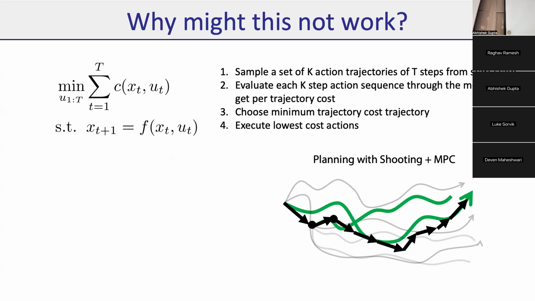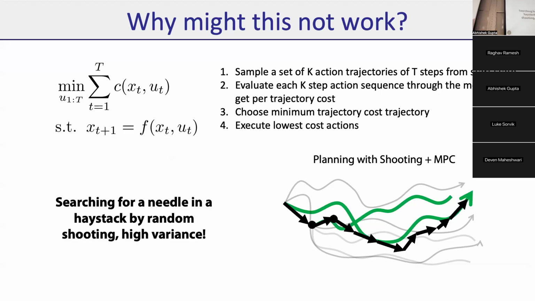And in some ways, what MPPI is doing is changing the sampling distribution through importance sampling. So the connection between them is importance sampling. That's a little out of scope, but it's cool. You should look up importance sampling and read the MPPI paper. That's the easiest way to connect them. Good question.